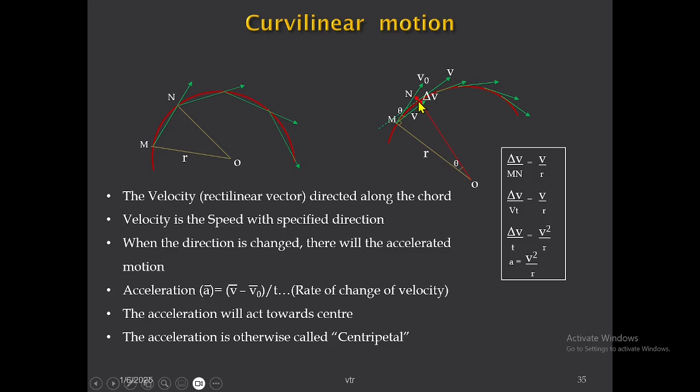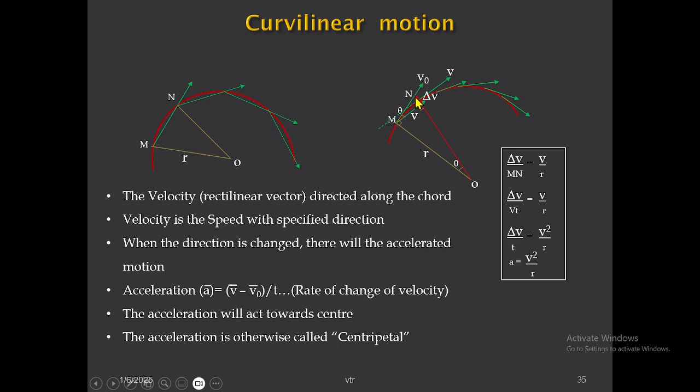Delta V is the change in velocity because of the direction. This is the first point's velocity vector and this is the second point's velocity vector, so the difference is delta V, the change in velocity, divided by MN, the distance.